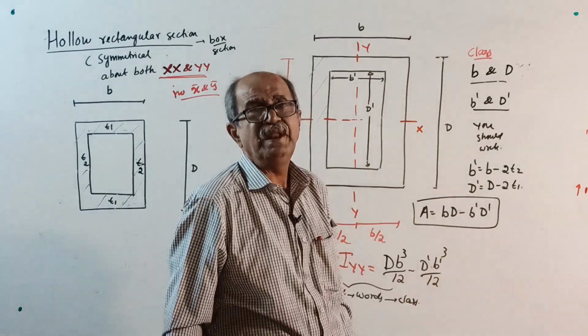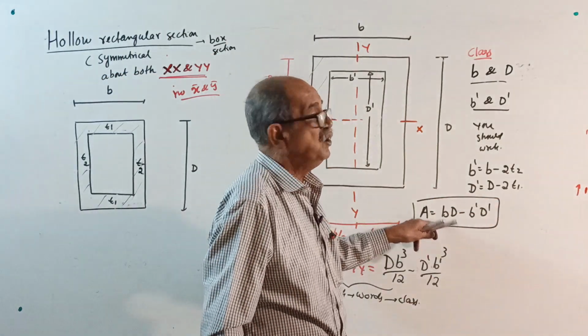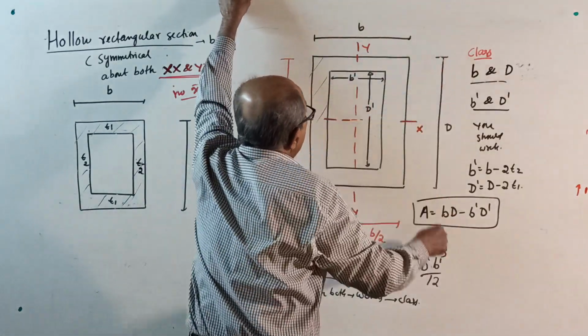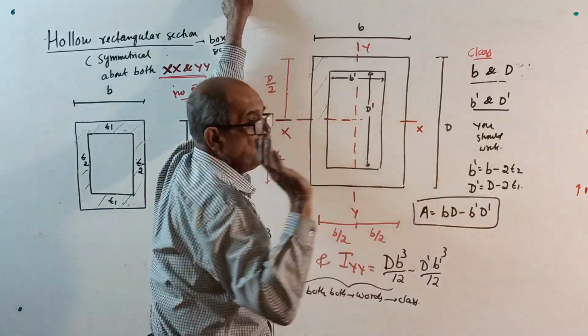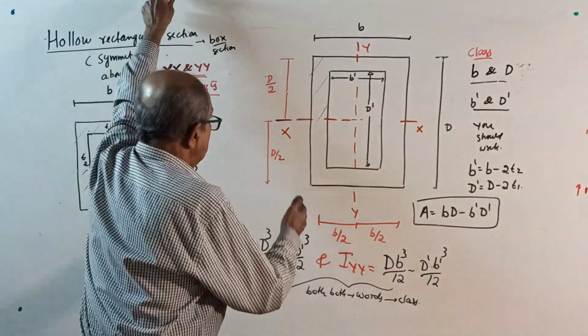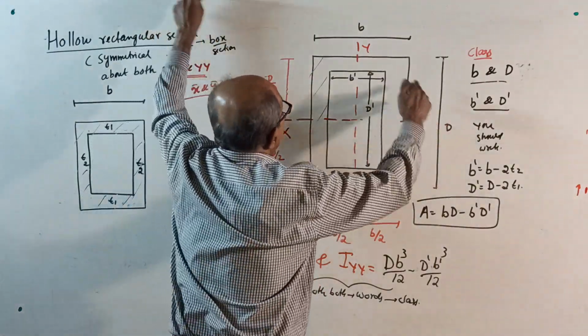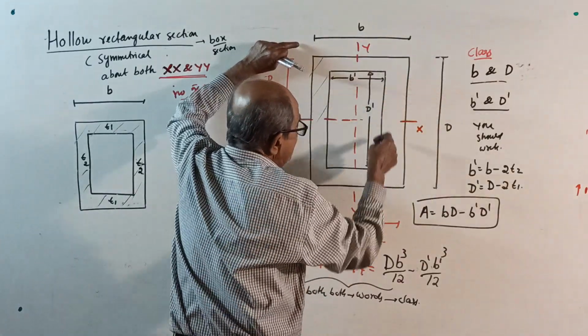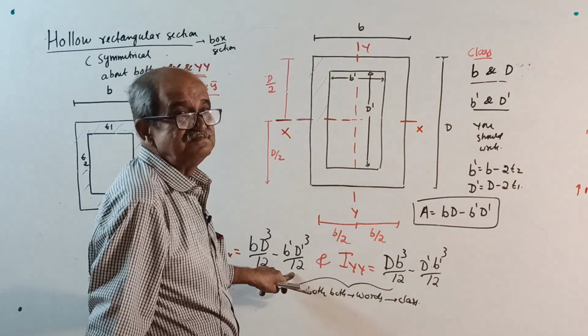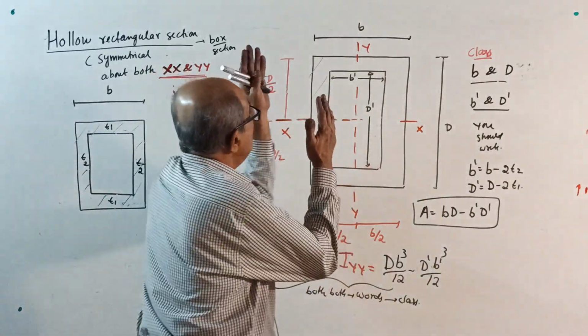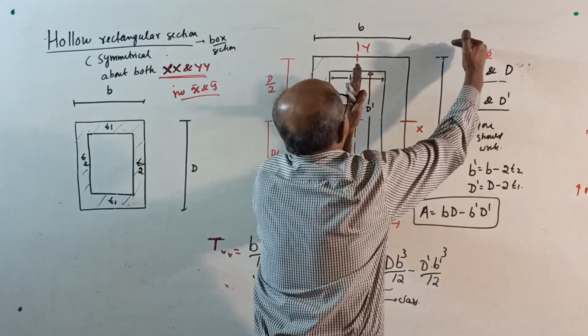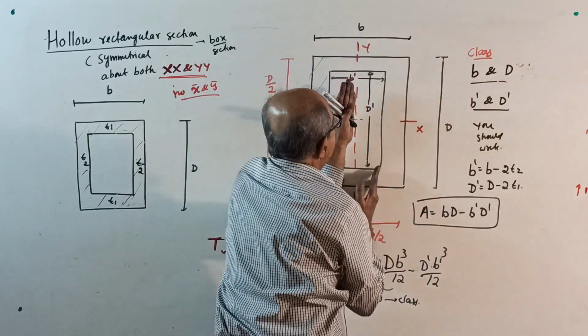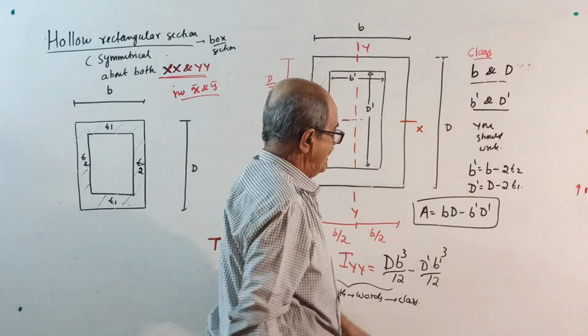Now, very, very easy. Area equals BD minus B dash D dash. I about XX equals BD cube by 12 minus B dash D dash cube by 12. Very simple. IYY equals D into B cube by 12 minus D dash into B dash cube by 12.